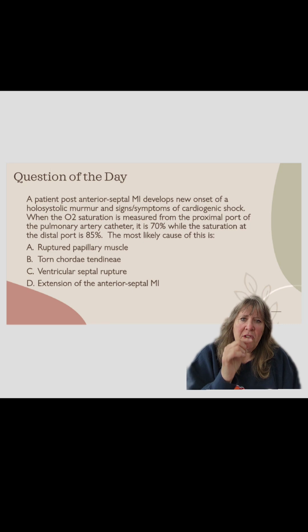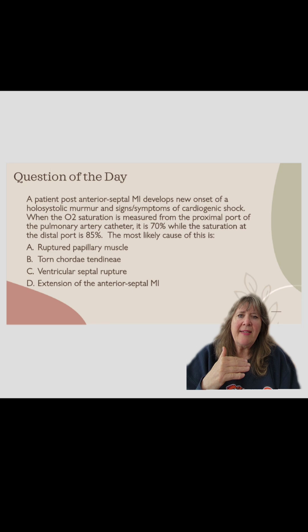Because with ventricular septal rupture, we know that when there's a hole in the septum, we get that oxygenated blood that is pretty much going across that hole in the septum from left to right.